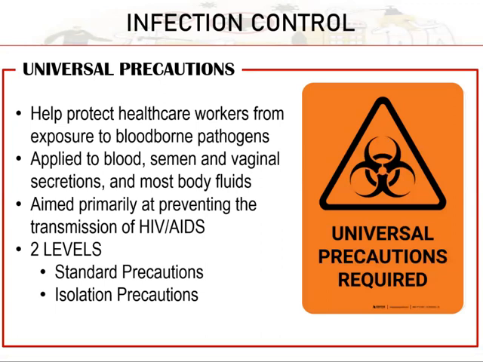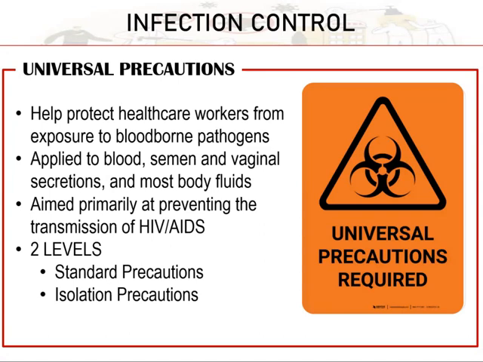Okay, number one is universal precaution. This one helps protect health workers from exposure to blood-borne pathogen. So, universal precaution, class, is only specific to the following specimen: only to blood, semen, vaginal secretions, and most body fluids.